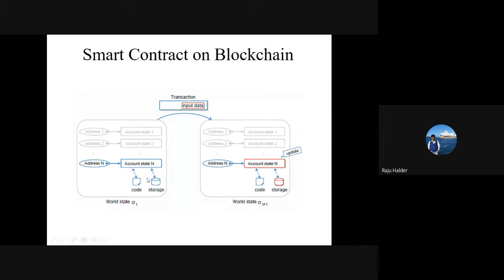Those member variables will be stored here permanently in the blockchain. Anyone in the network can request that they want to execute this code, so the code can be executed and the storage can be updated. In the form of a transaction, you can say that you want to execute this function of this smart contract code.